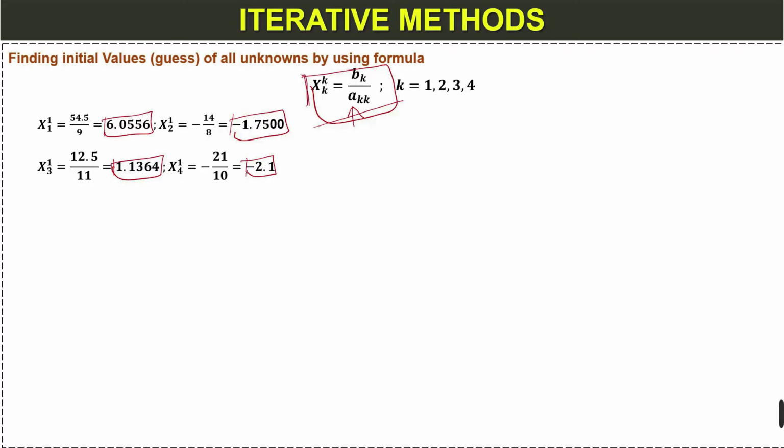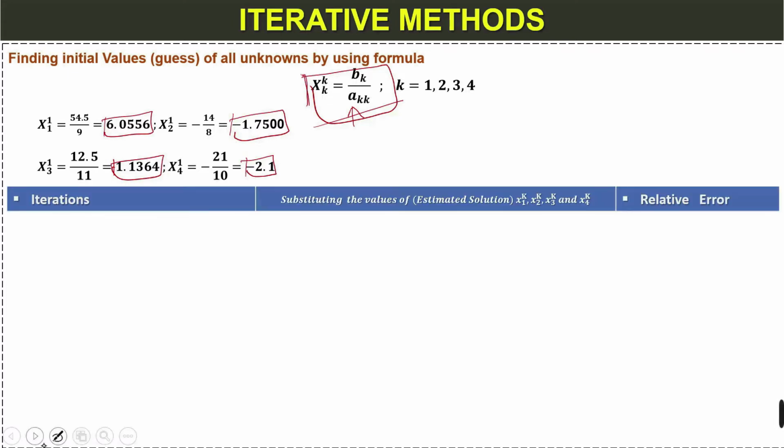Next we substitute all these in the equations. In this column there will be the iterations, in this column we substitute the values of the estimated solution, and in this column there will be the relative error between the previous and the next iteration.